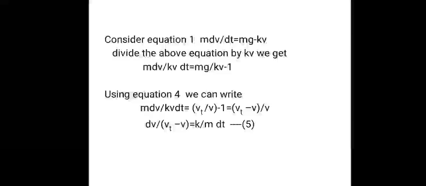Now consider equation 1 once again. That is given by m dv by dt equal to mg minus kv. Now divide this equation by kv. That is m by kv into dv by dt equal to mg by kv minus 1.